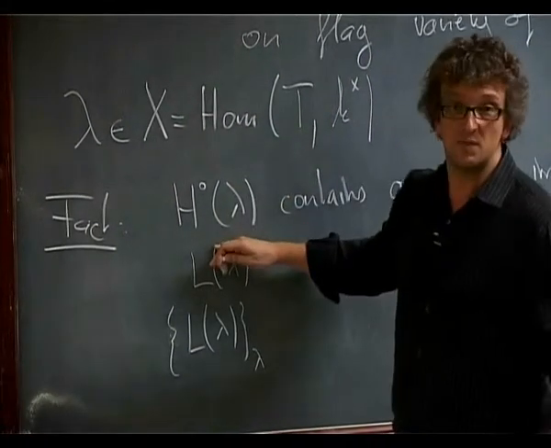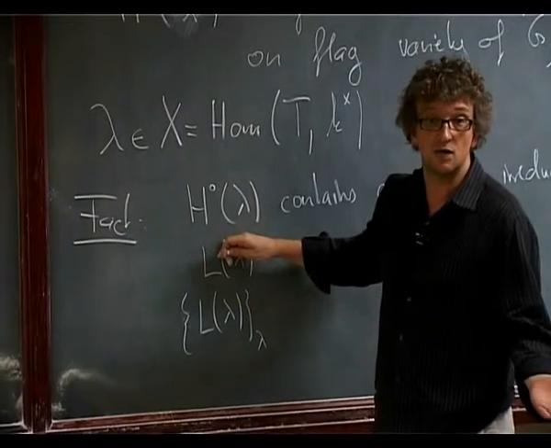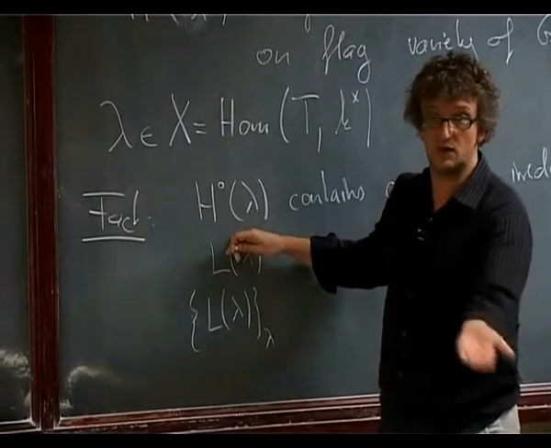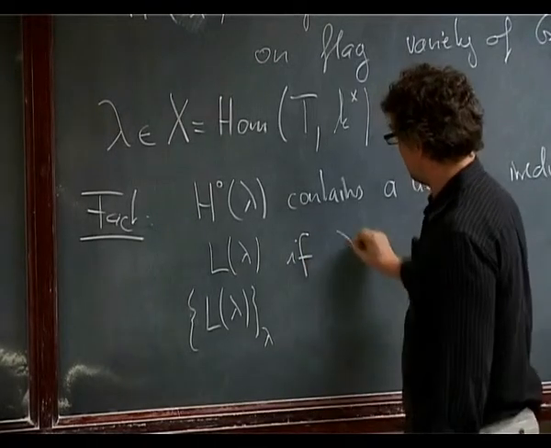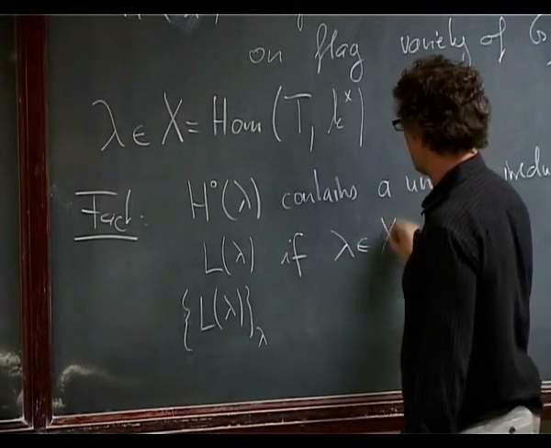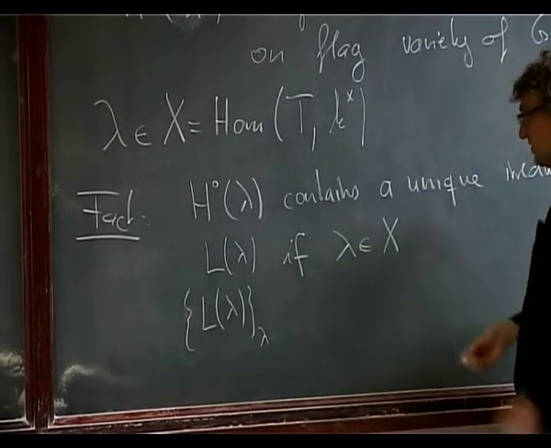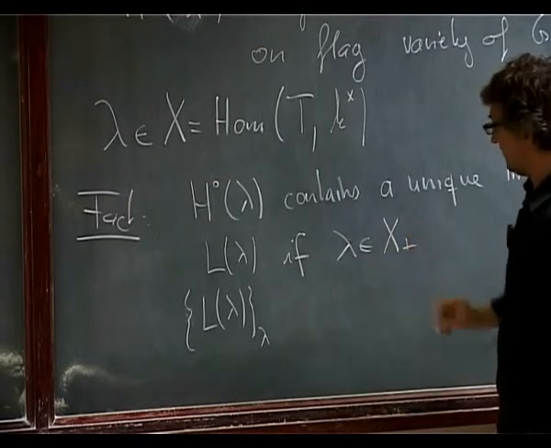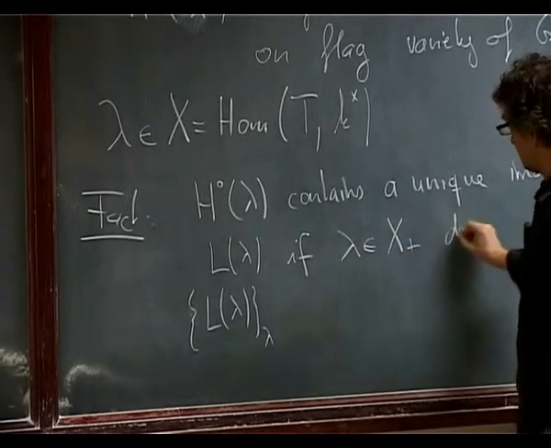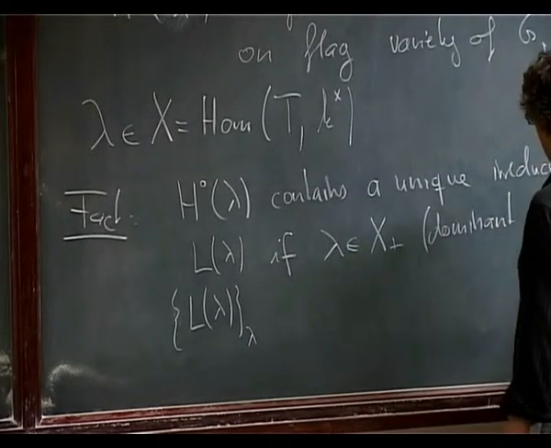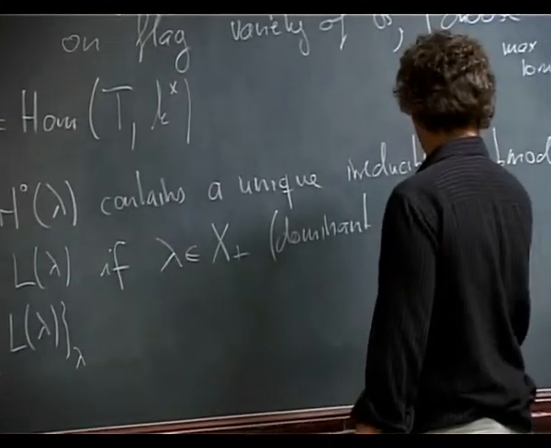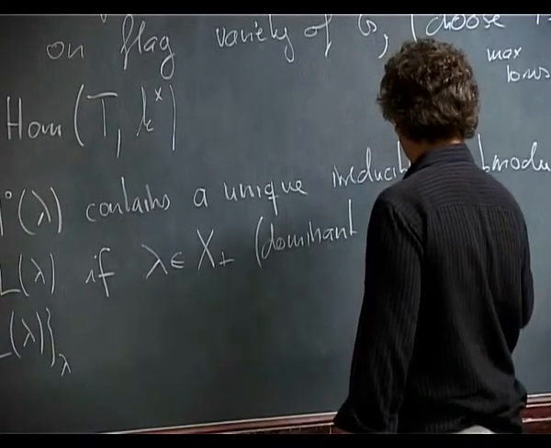It could be that there are no non-trivial global sections. You see that already on P1, of course. So this is the case if lambda satisfies some kind of positivity constraint, so if lambda is inside the set of dominant weights.